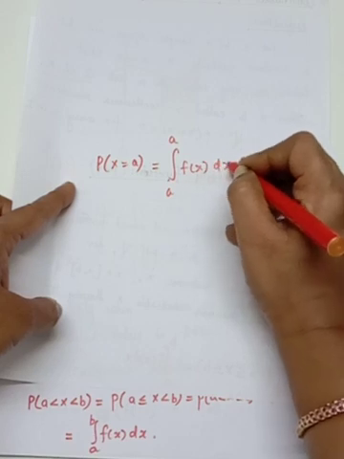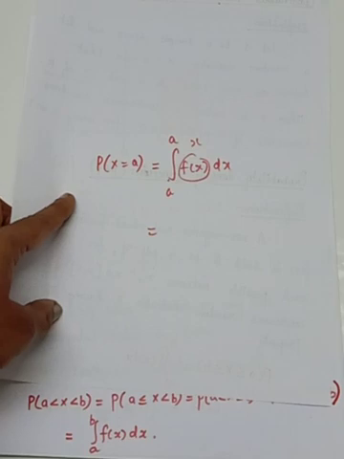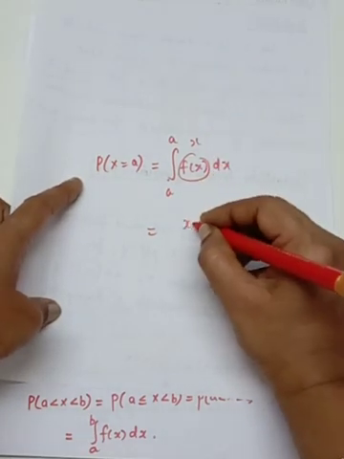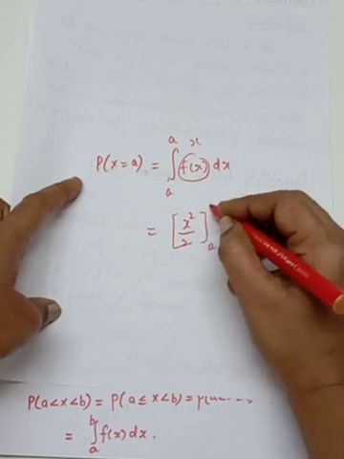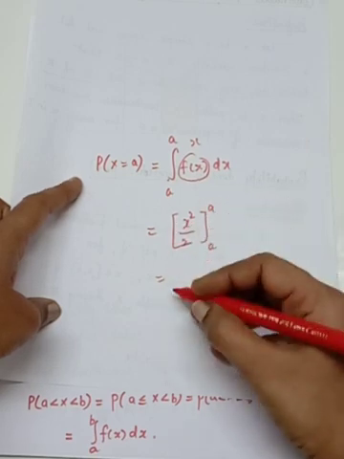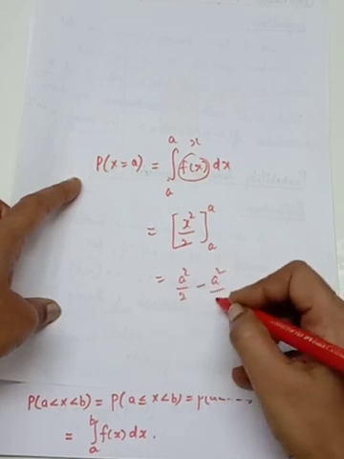For example, consider your f of x as x. If you integrate, what comes? It is x squared by 2. And if you apply the limits a to a, you apply the upper limit, so a squared by 2 minus a squared by 2. What is the answer you are getting?